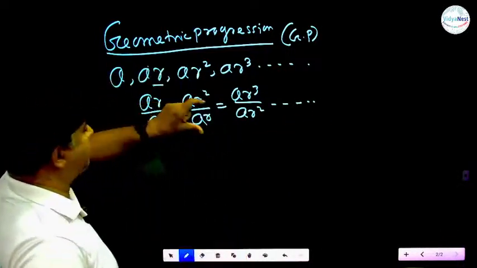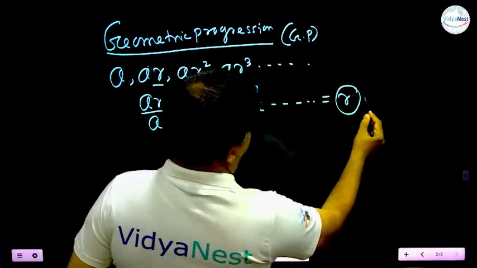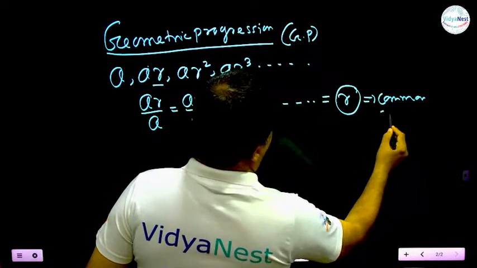In each case the common ratio will be r. This is called the common ratio.